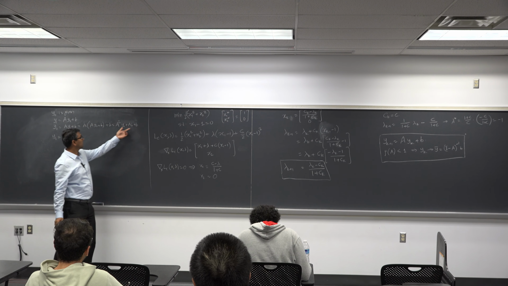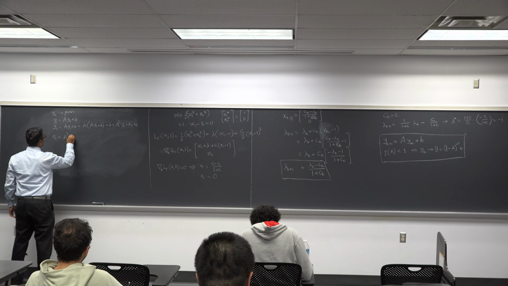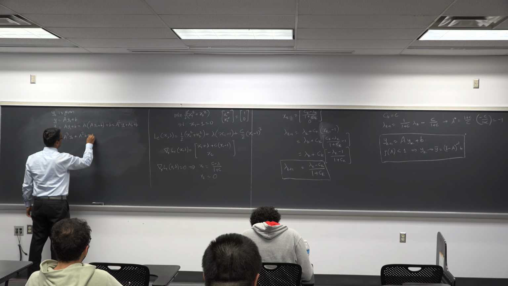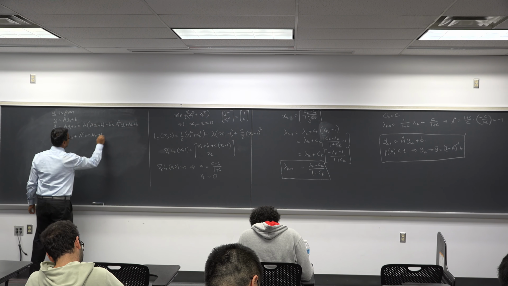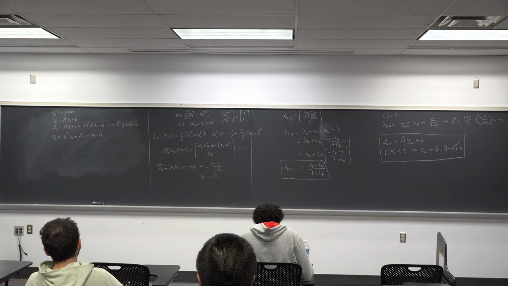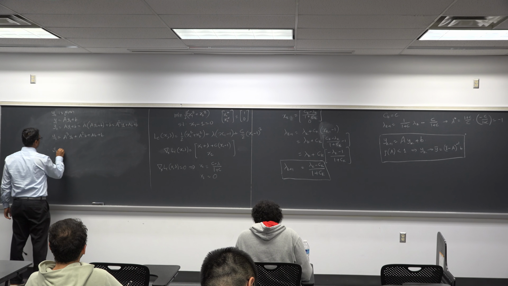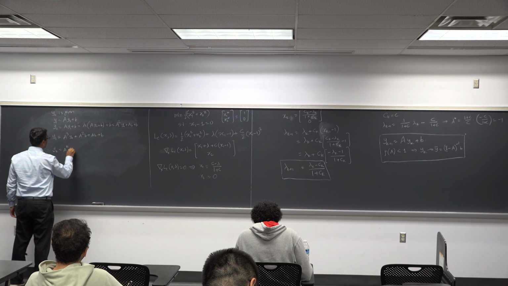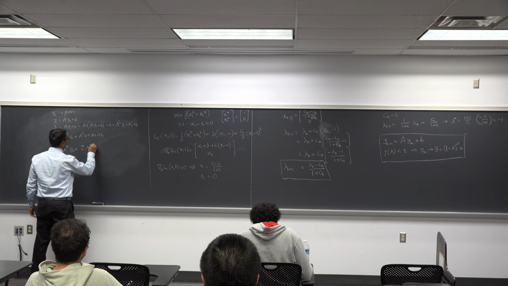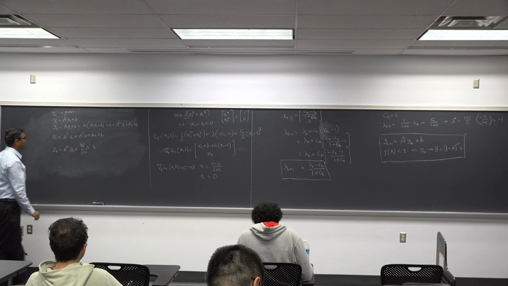A times this whole thing plus b. So that's A cubed y0 plus A squared b plus Ab plus b. Do we see a pattern here? There is a pattern. So yk equals A raised to k times y0 plus the summation of A raised to i times b, where i goes from 0 to k minus 1.